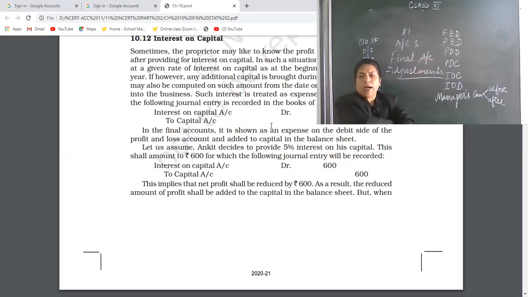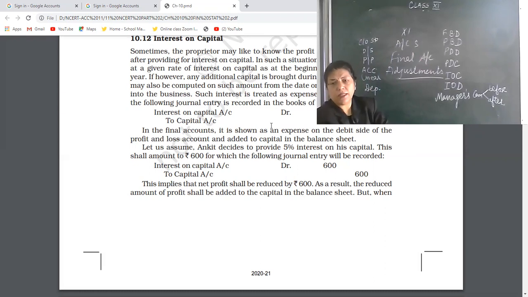Same here, IOC means interest on capital, IOD interest on drawings. Then manager's commission, that will also include two parts, before or after. Okay.